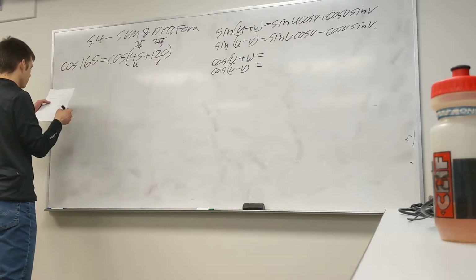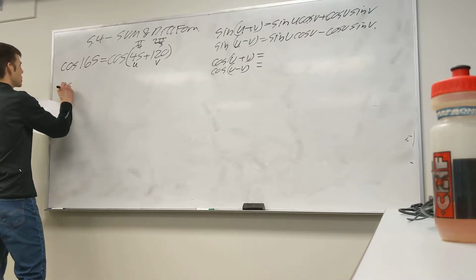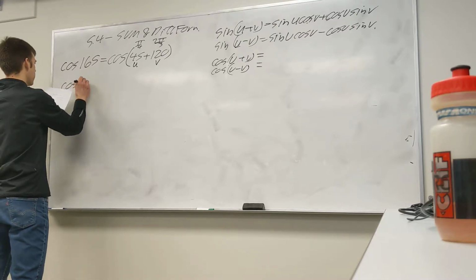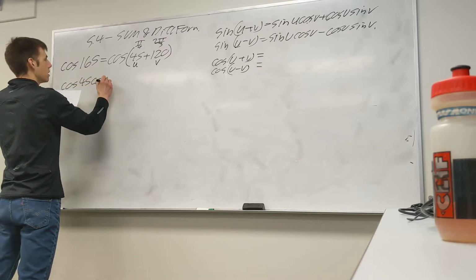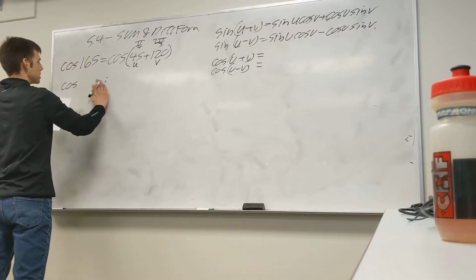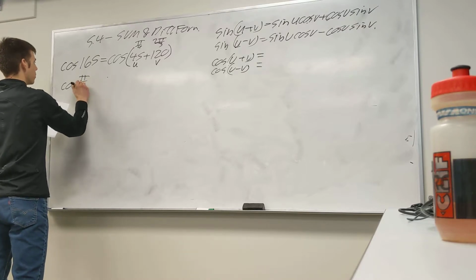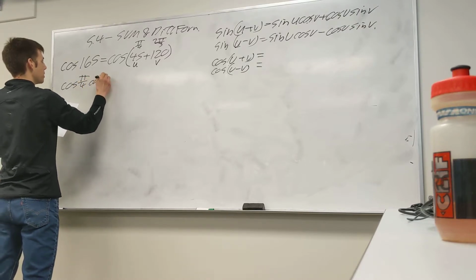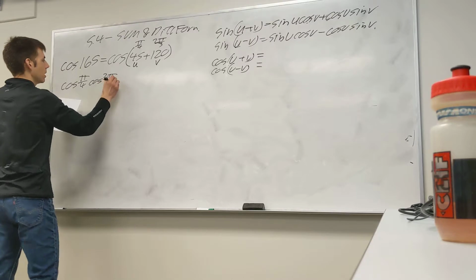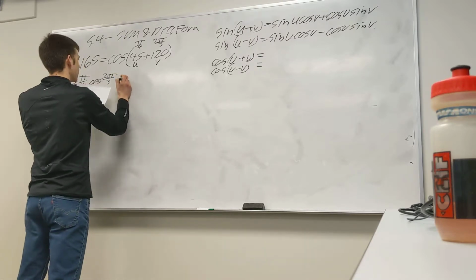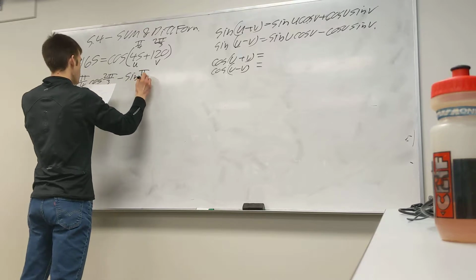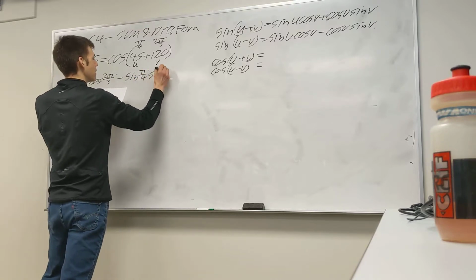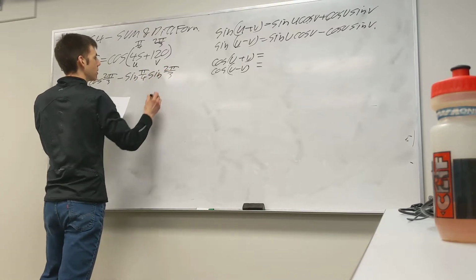So that's going to be the cosine of pi over 4 times the cosine of 2 pi over 3, and then minus the sine of pi over 4 times the sine of 2 pi over 3. Okay?